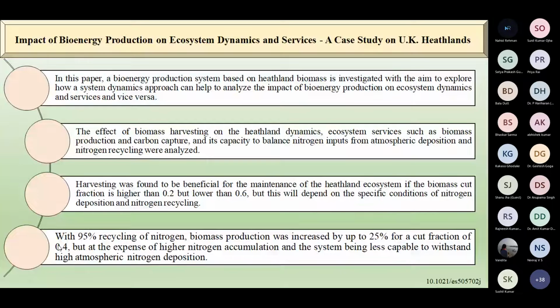They found that with 95% recycling of nitrogen, biomass production was increased by up to 25% for a cut fraction of 0.4, but at the expense of higher nitrogen accumulation, and the system was less capable to withstand high atmospheric nitrogen deposition.